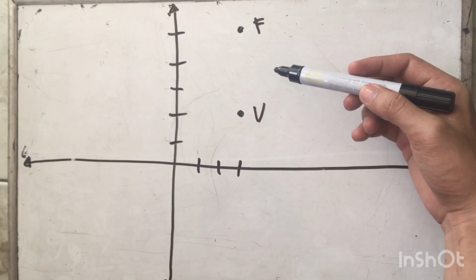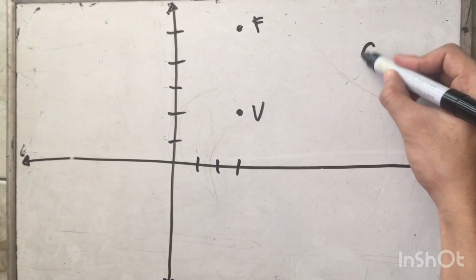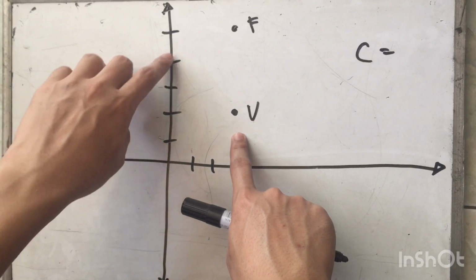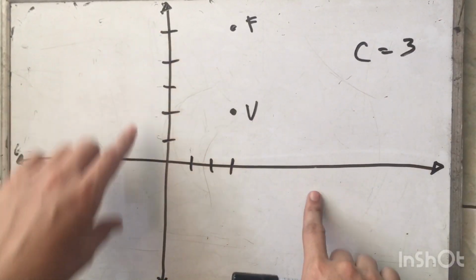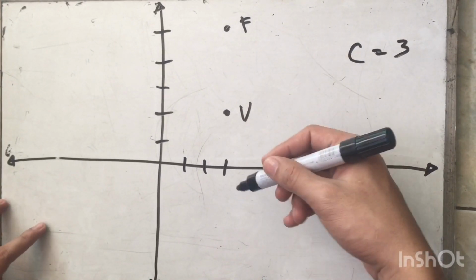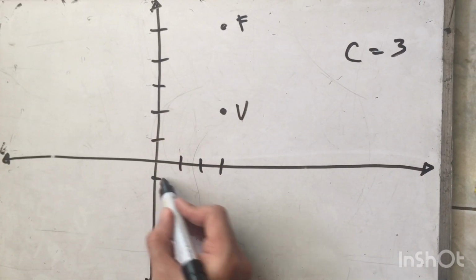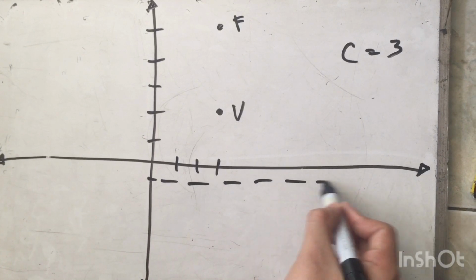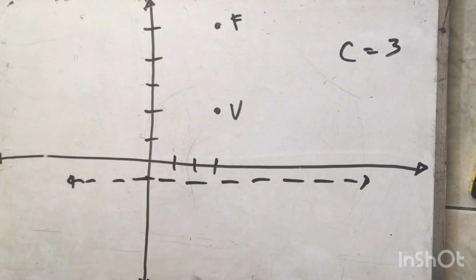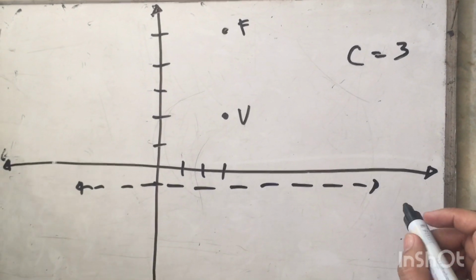So how do we determine the c? C is simply the distance from vertex up to focus, and that is 1, 2, 3. And the directrix is the same unit from vertex downward, 1, 2, 3. So we have directrix that is y equals negative 1.